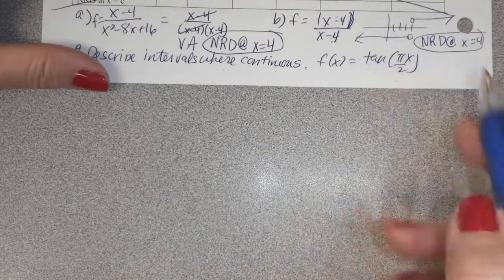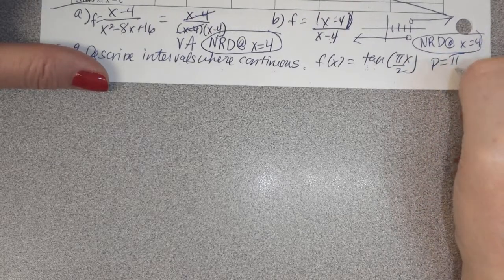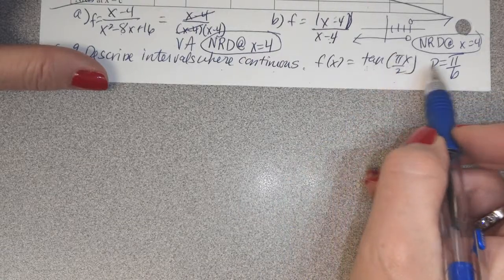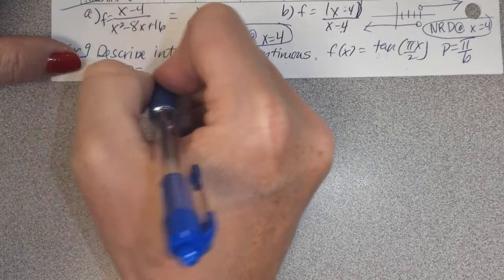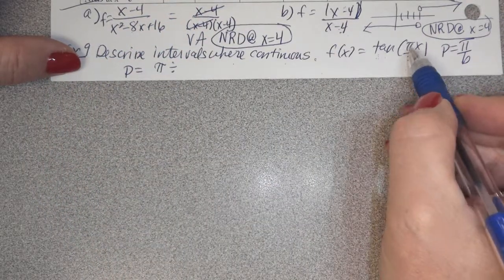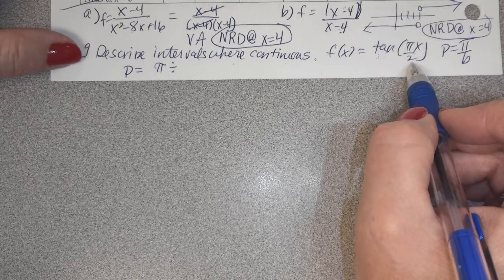But for tangent and cotangent, normally the period is pi over b. Normally we don't have a b value, but now we do. So my period then is going to have to be pi divided by my b value.